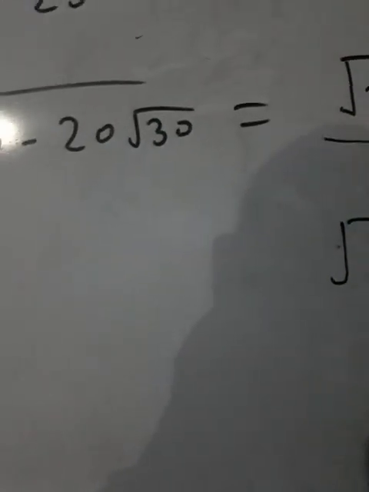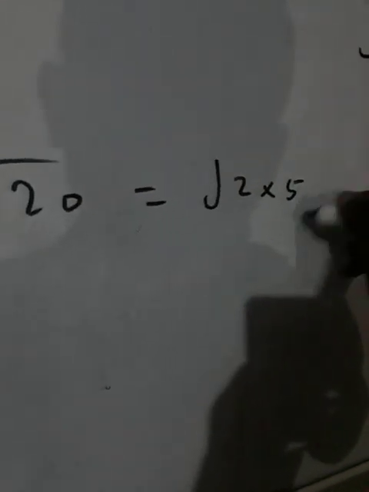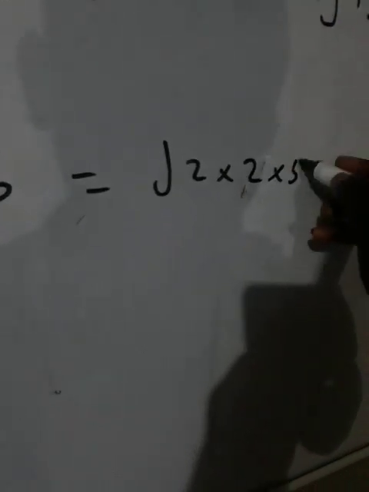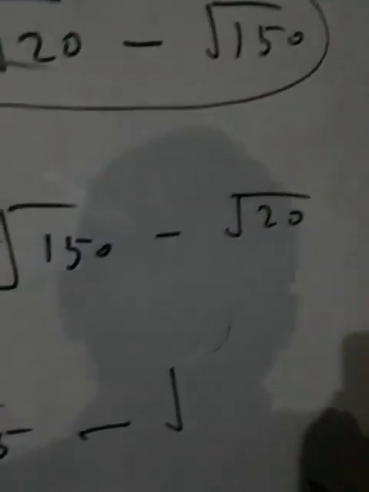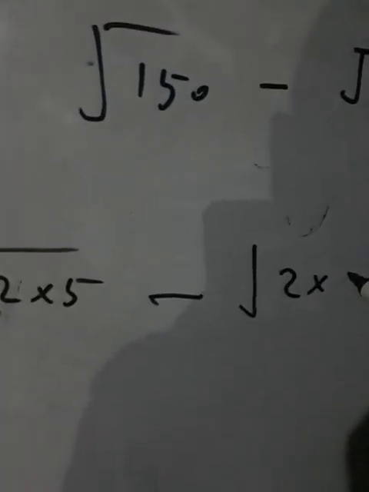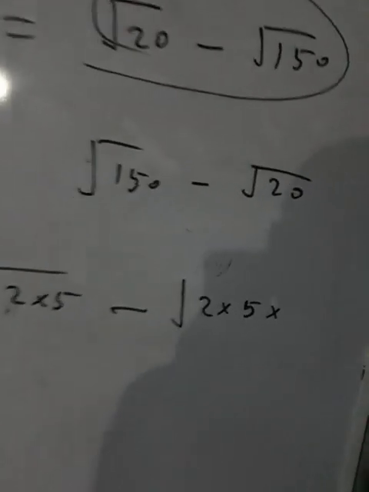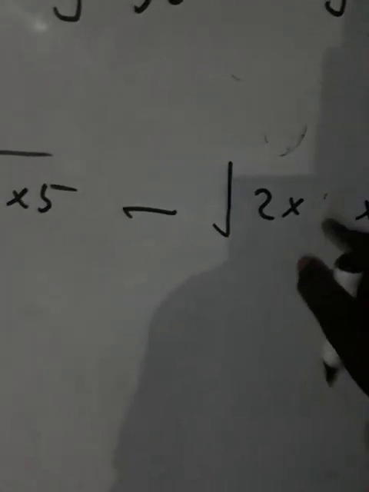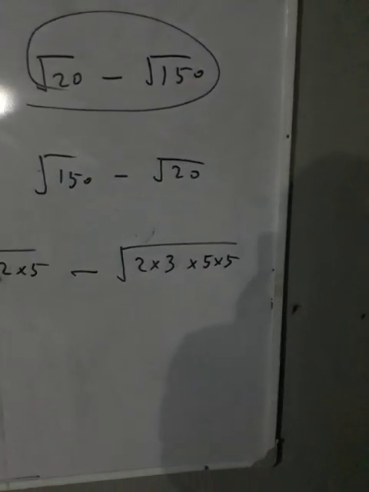Resolving the first one, we have that root 20 is equal to root of 2 times 2 times 5, and root 150 is equal to root of 2 times 3 times 5 times 5.